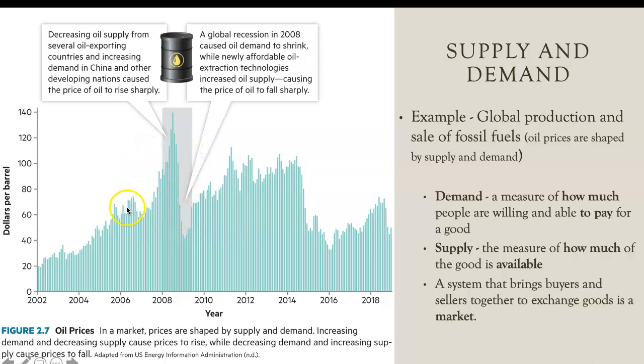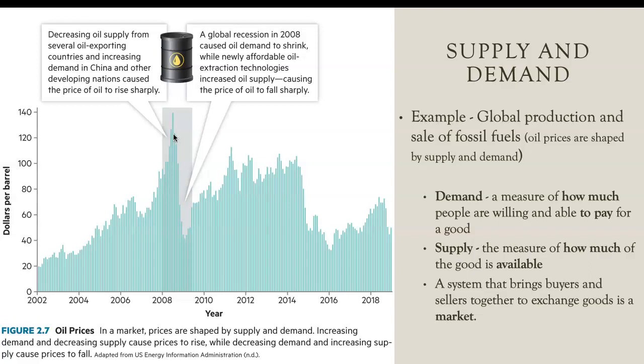I'm not going to be very detailed because you can read your textbook, but I just want to summarize here, right? In this peak, a little bit after 2008, there's a period of time when the oil supply is greatly decreased and the demands are greatly increased.